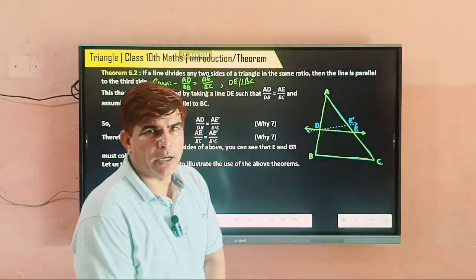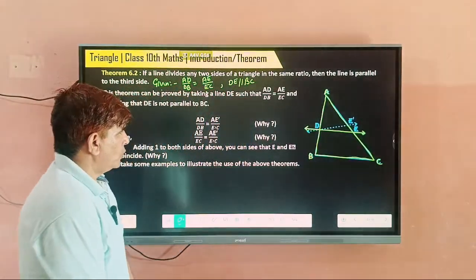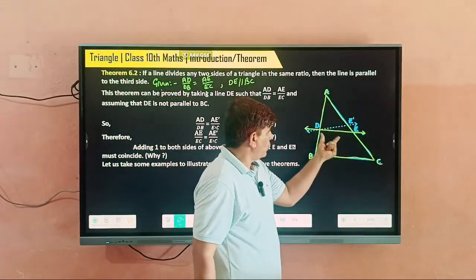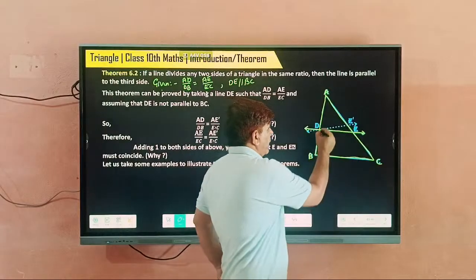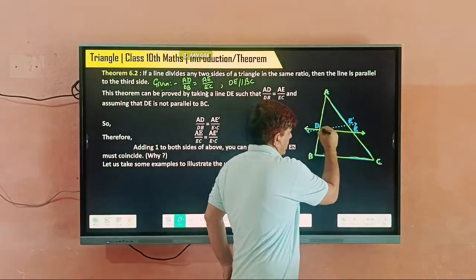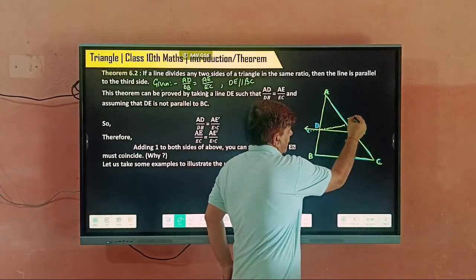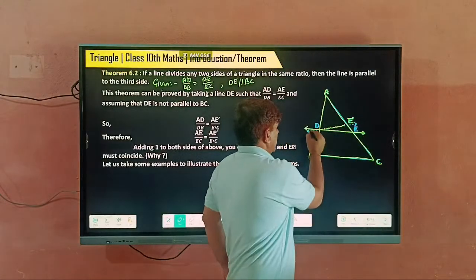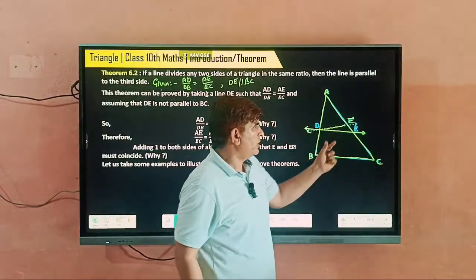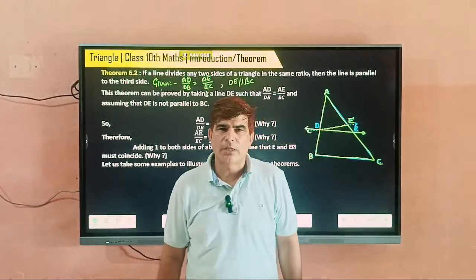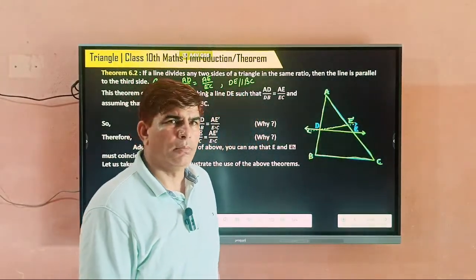If it is not parallel to BC, we can draw a line either from here or from here. So we draw a line like this, DE dash, which is parallel to BC.